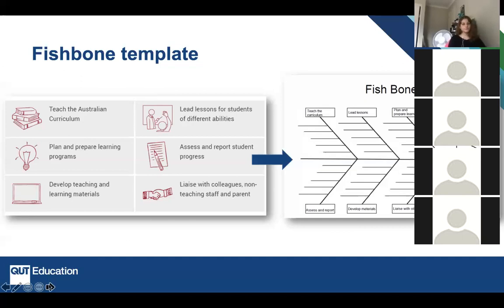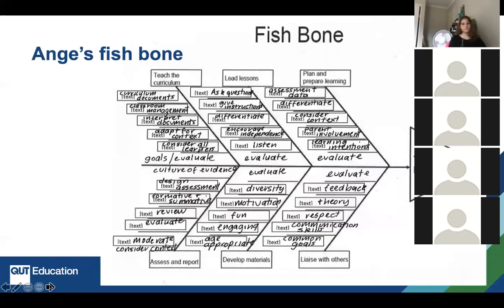Okay, so I followed the instructions on Blackboard as they suggested and used the textbook as a stimulus. And these were some of the things that I quickly came up with. I'll give you an opportunity to have a look. So these were the actions that I thought were quite important.